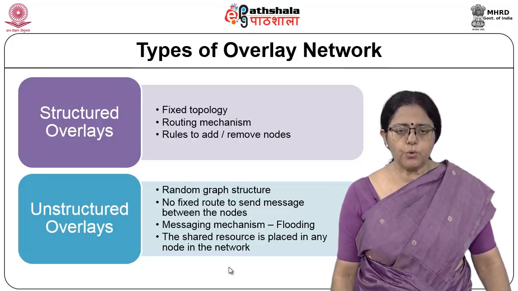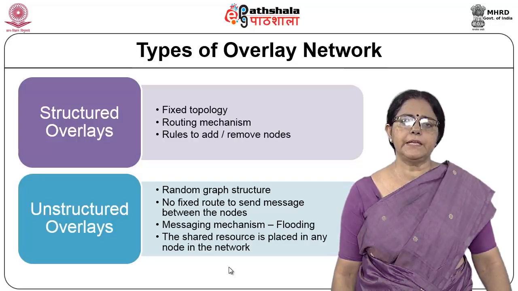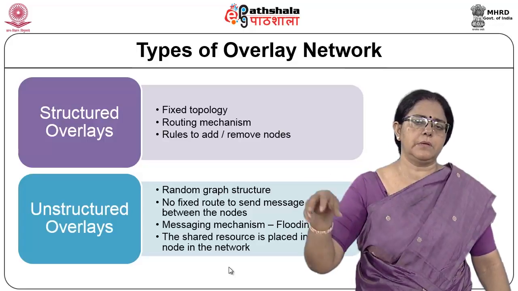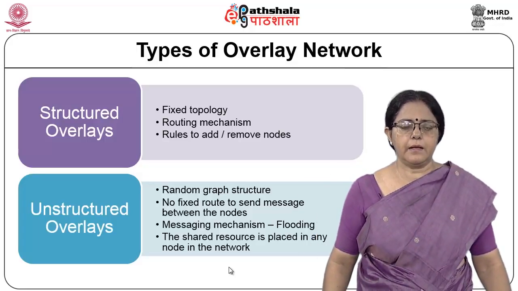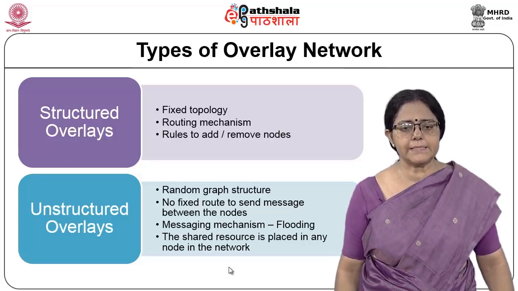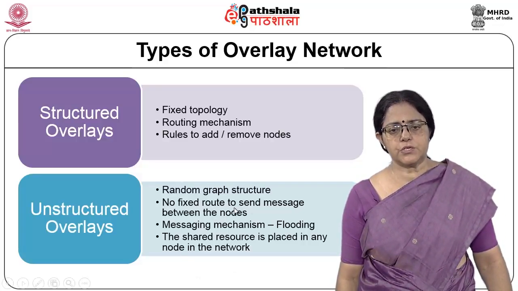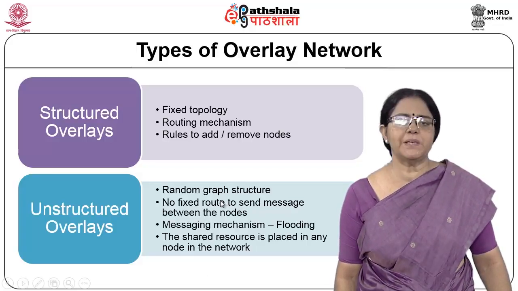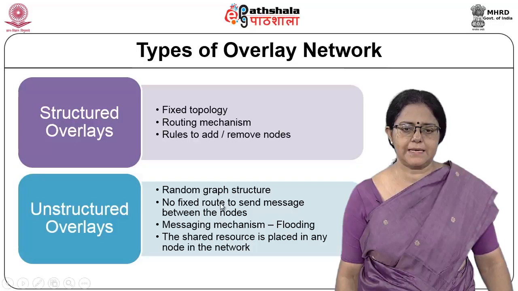As we know, in a graph there is no hierarchy, no specific structure. A node can be accessed from any other node in multiple ways. So, there is no fixed route to send messages. I can send a message on a best effort basis.